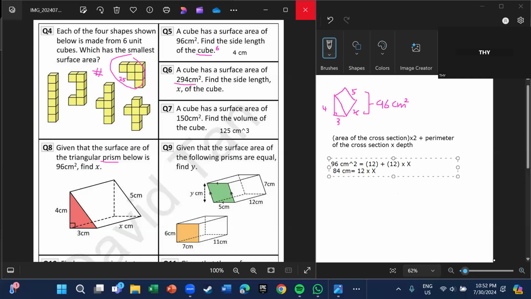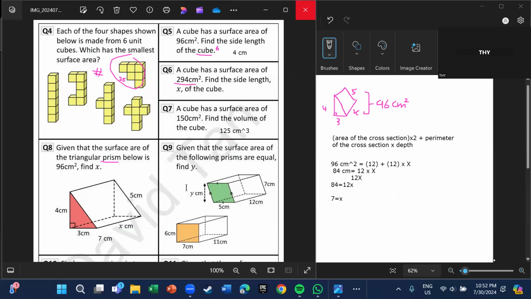Then we multiply, that will give us 12x. So we take 84 and divide it by 12, and that will give us x. So that means x here would be 7 centimeters.